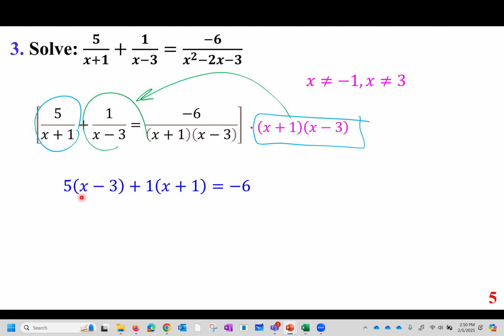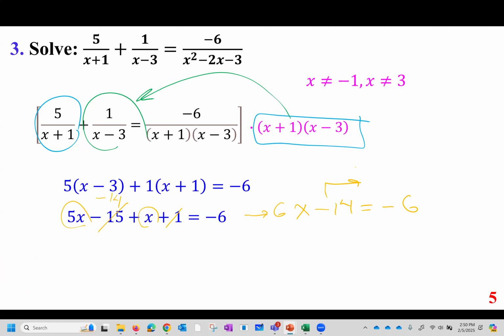So we have 5x minus 15, we're going to distribute, plus x plus 1, and the right side doesn't change. Like terms add up to 6x, and the constants add up to negative 14. So we have 6x minus 14 is minus 6.